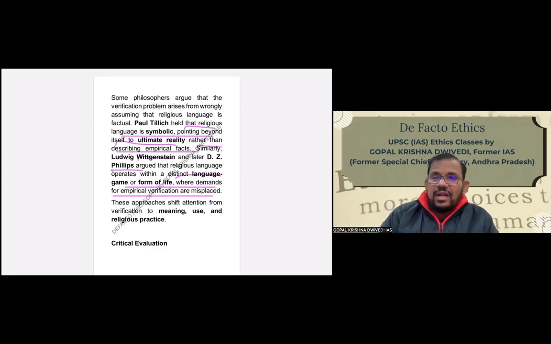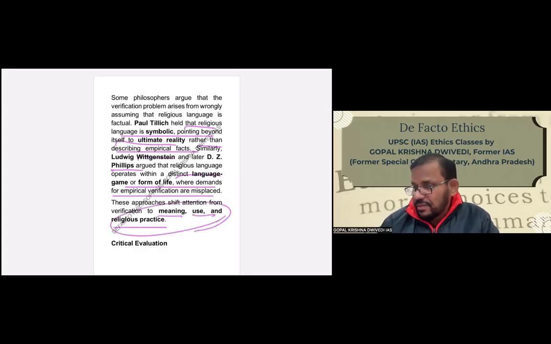So basically, what these approaches do is shift the attention from verification to meaning, use, and religious practice. They are not directly answering the verification question.